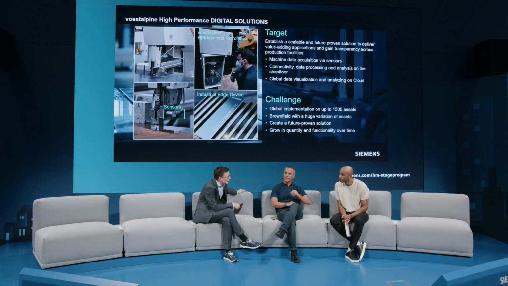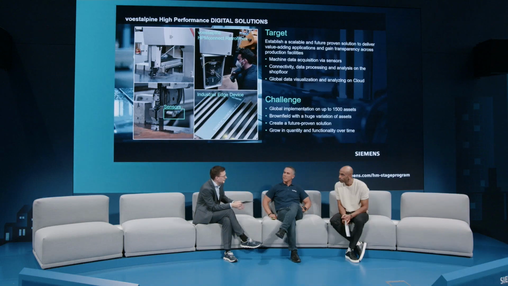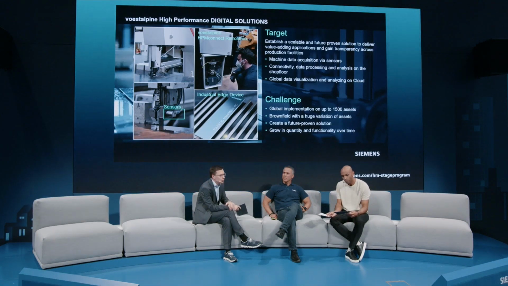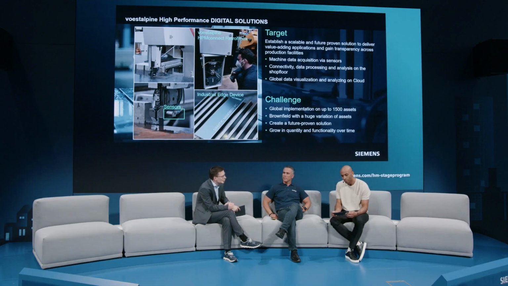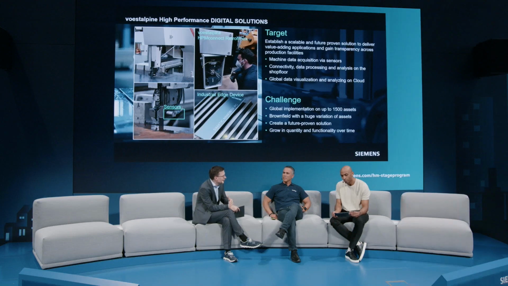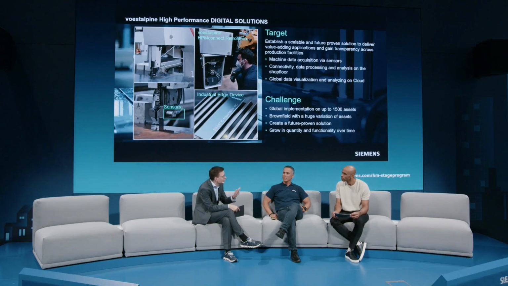We would like to grow in feature-based as well as in scalability. And for this, we currently target to establish a future-proven solution which can be scaled up in capabilities, in features, as well as in quantities overall. Because as you mentioned already, we're talking about a global scalability because we have still our facilities out there, and there are more than hundreds out there.